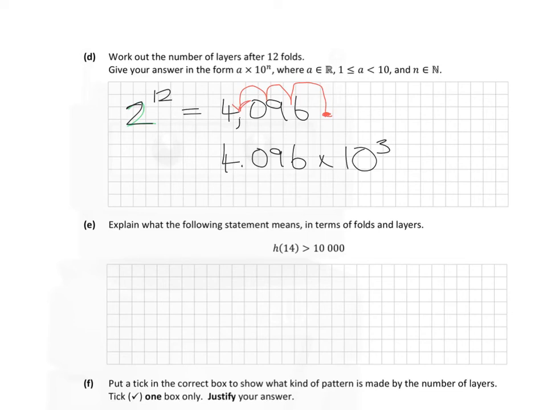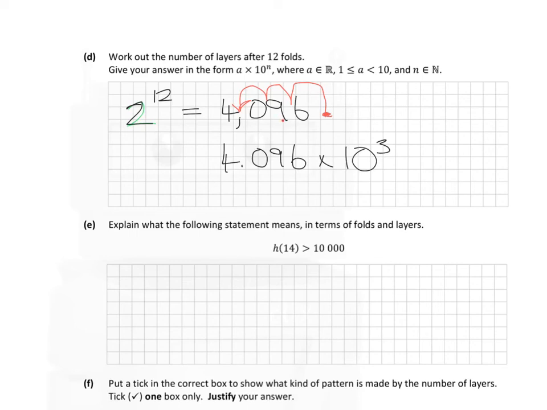And that's my answer. The next one, explain what the following statement means in terms of folds and layers. So we know, again, that the x is the number of folds. What's usually in that bracket is x, but here it is 14. So 14 means the number of folds. When there are 14 folds, there will be more than 10,000 layers.